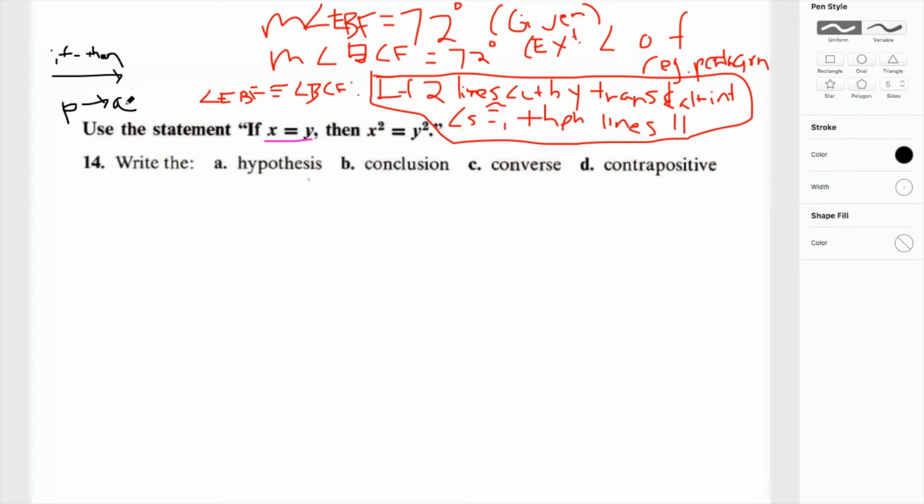The Q part is the conclusion, if it's written in the standard form. So if x equals y, then x squared equals y squared. Write the hypothesis: x equals y. And the conclusion, the part after the then, would be x squared equals y squared.